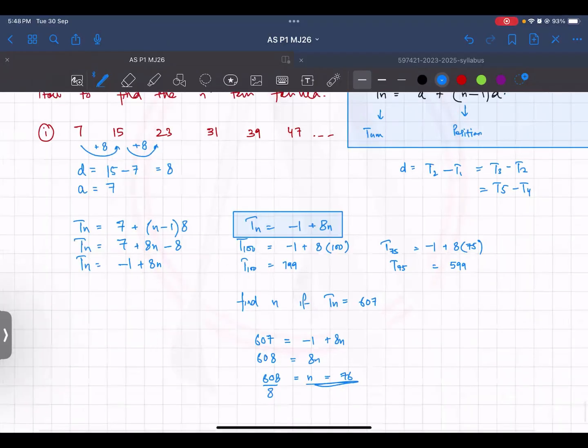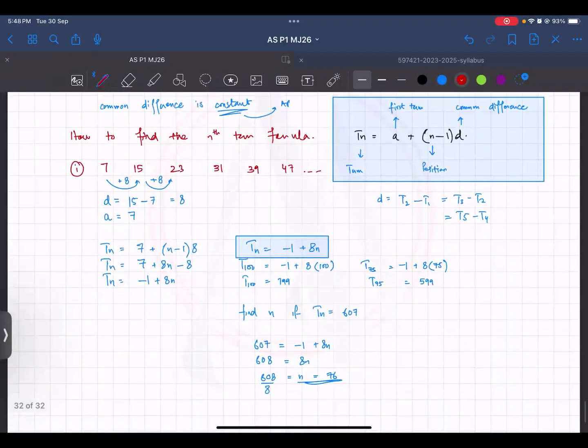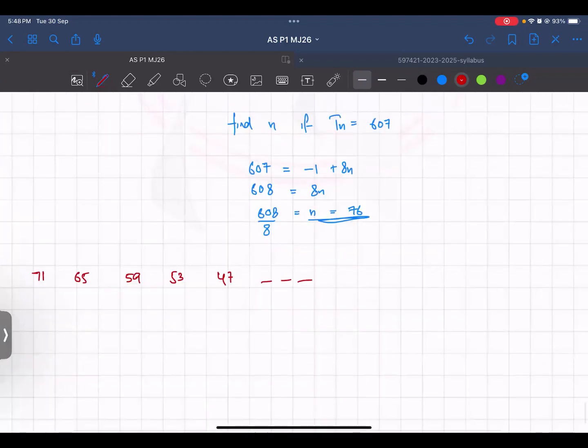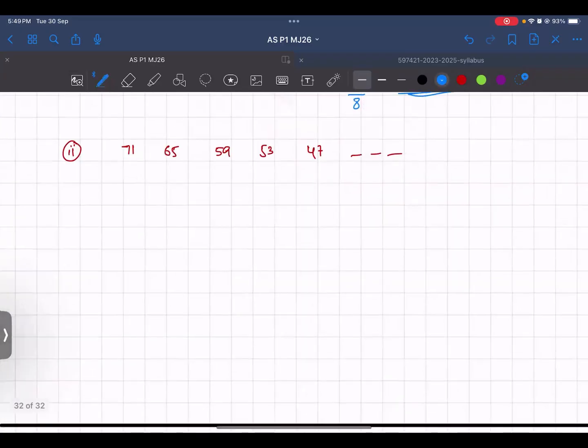This is how it works. Similarly, let's suppose you have a sequence 71, 65, 59, 53, 47, and so on. The first thing you would look for is the common difference D. You can see it is minus 6, then again minus 6, then again minus 6, then again minus 6. So the common difference is constant.